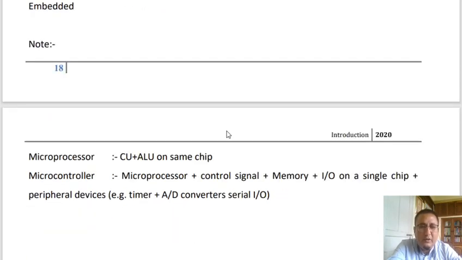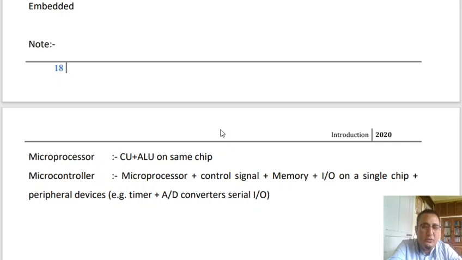An important thing that you need to further note is that a microprocessor has a control unit and ALU on the same chip, whereas a microcontroller has a microprocessor, control signals, memory, I/O, and peripheral devices on a single chip, and it has a mechanism to interact with the peripheral devices, such as timers and converters.